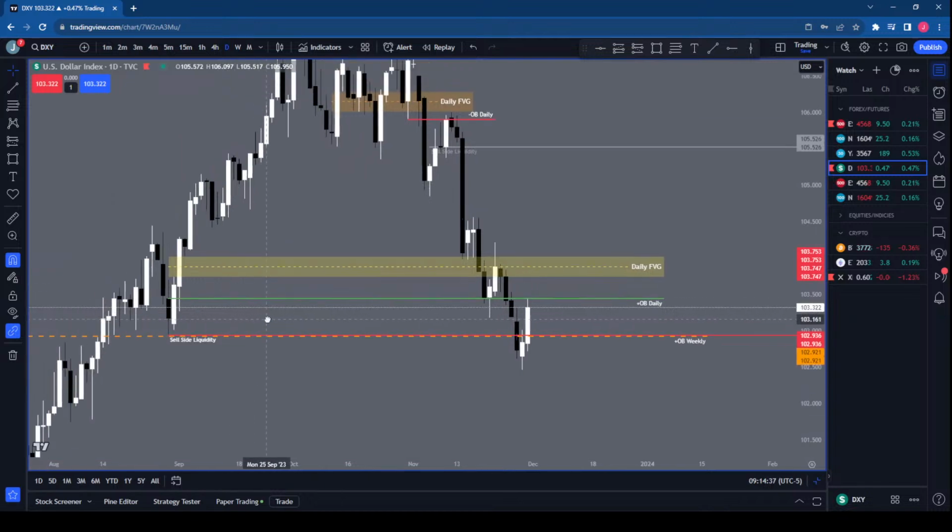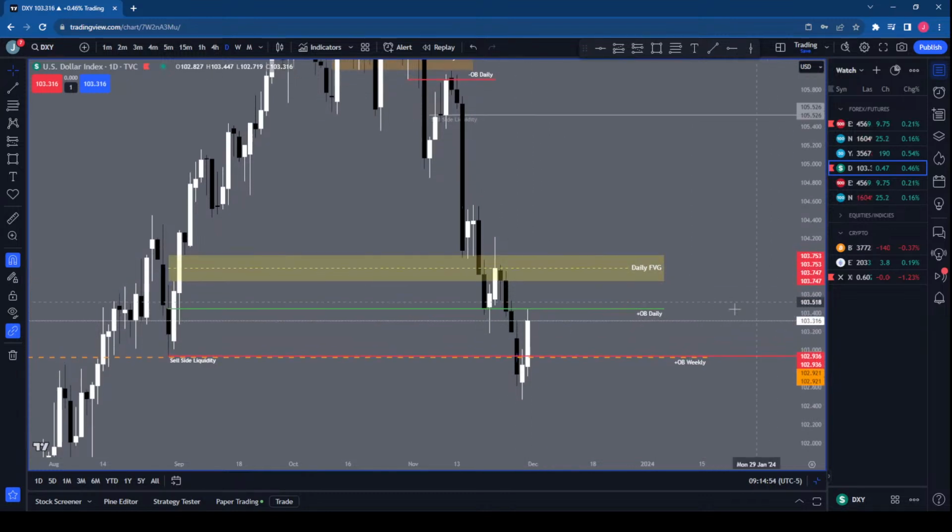So the next interesting thing is we want to see, I guess, this level right here, because this order block on the daily, we respected that. Bodies came back up. It's a consequent encroachment of this.